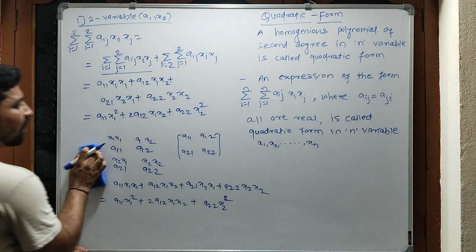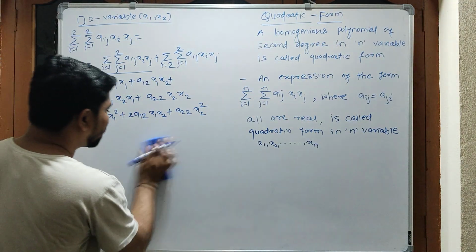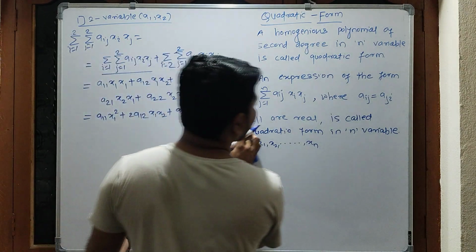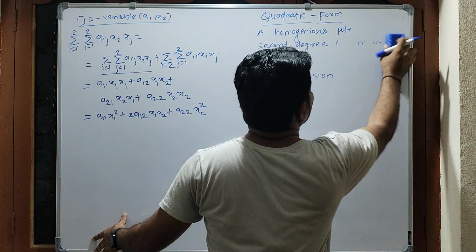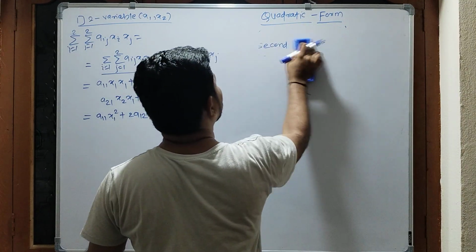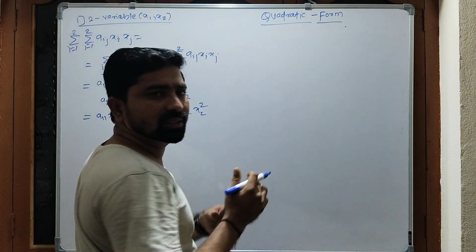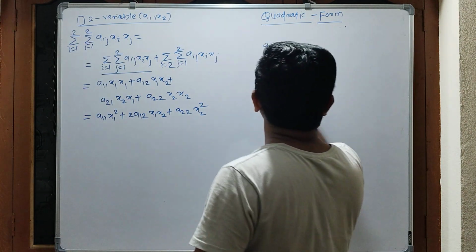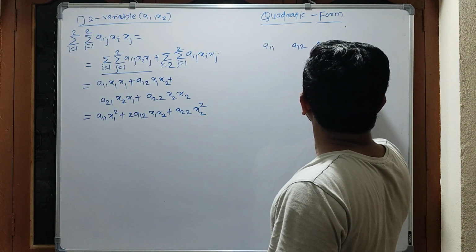For example, I want to write the quadratic form for a 3 cross 3 matrix. So for example, this is the 3 cross 3 matrix. In a 3 cross 3 matrix, the first row is A11, A12 and A13.